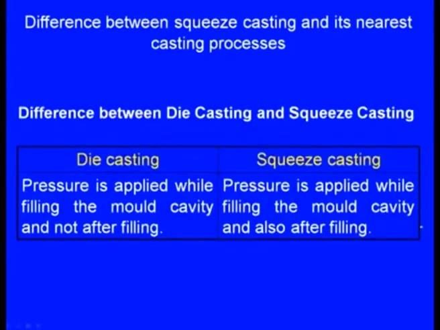Once the cavity is filled with the molten metal, we stop applying the pressure. In squeeze casting, pressure is applied while filling the mould cavity and also after filling, not only during filling, but also after filling till the cast component is solidified. That way die casting and squeeze casting are different.